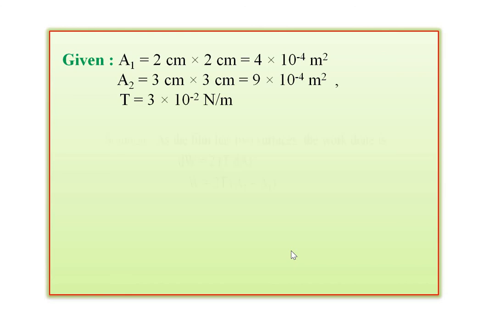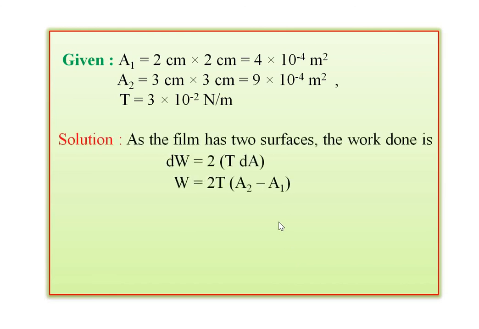This is the given data. As we know that the film has two surfaces, we have seen in the earlier slide, the work done is given by dW is equal to 2 times T into dA. So here W is equal to twice T into the bracket A2 minus A1.